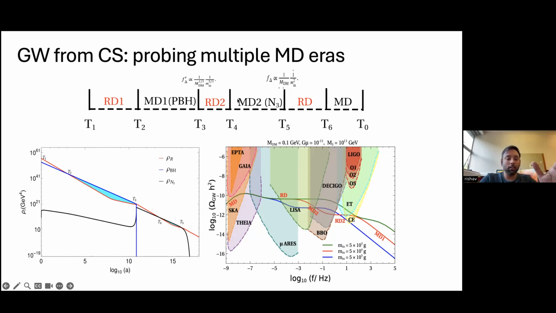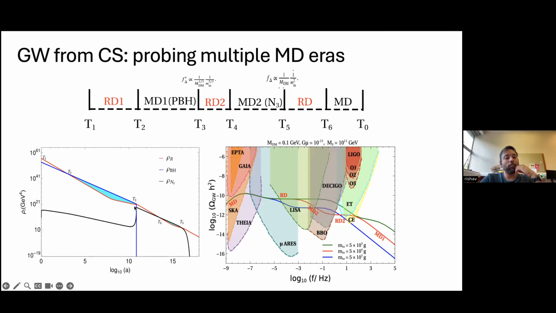So this is also shown in the plot on the right. The red line corresponds to the energy density of radiation. The blue line corresponds to the energy budget of the black hole. The black line corresponds to the energy density of the right-handed neutrino, or the light diluter. So as I said, at some point of time, the black hole starts dominating the energy budget of the universe, as can be seen from this plot, that the energy density of the black hole is larger than the energy density of the radiation.